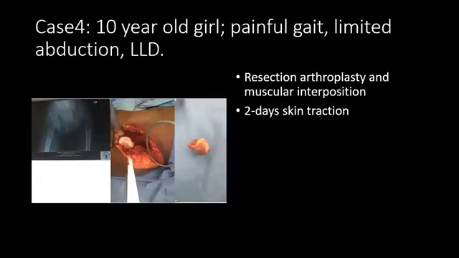Case number 4, a 10-year-old girl, painful hip, limited abduction and limb length discrepancy. This one, I had gone to do the pelvic osteotomy and other things, but when I opened the capsule, I found the hip was really deformed and osteoarthritic.